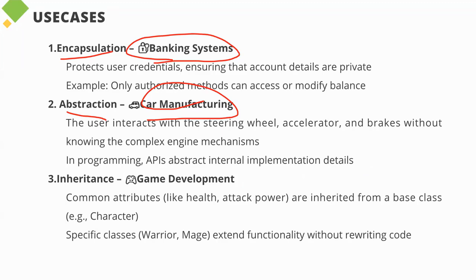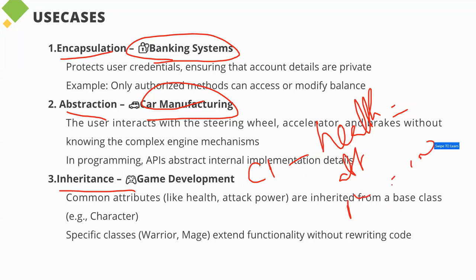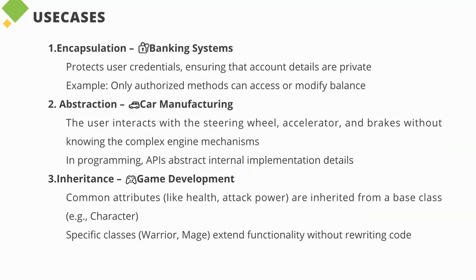Inheritance: common attributes like health or attack power are in the base class. Let me tell in detail. Character one consists of health of this value, attack of this value, power of 1000, and character two has something else. Instead of creating a new object for each and every character, we have a base class Character.